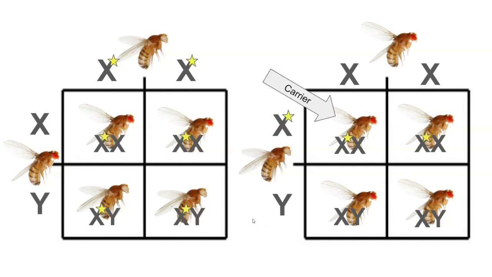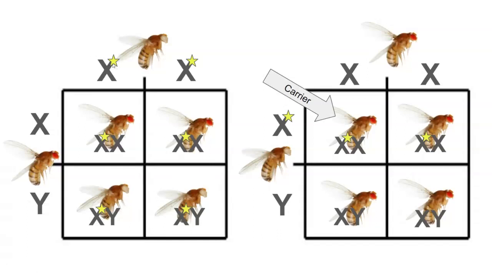So here we have the female has donated this X-linked gene to both of her daughters, or 100% of her daughters and 100% of her sons. But since the male is unaffected, he's also donating the X to 50% of his offspring, his daughters, and not donating an X to the males.